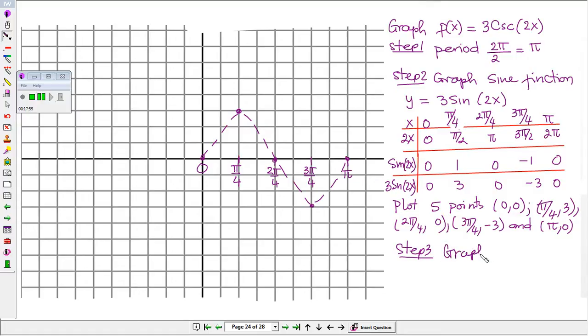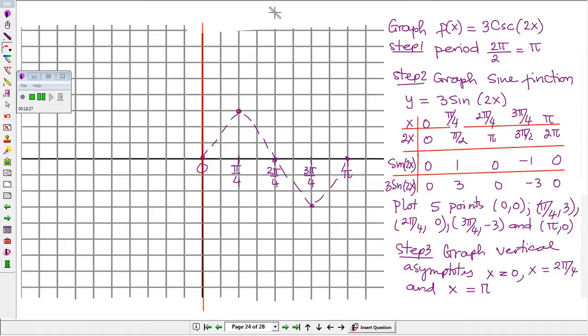Step 3, we need to graph the vertical asymptotes. Now there are 3 x-intercepts, so there are 3 vertical asymptotes. They will be at x equals 0, x equals 2 pi over 4, and the last one will be x equals pi.